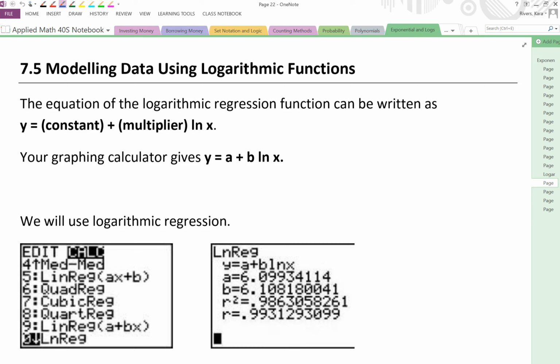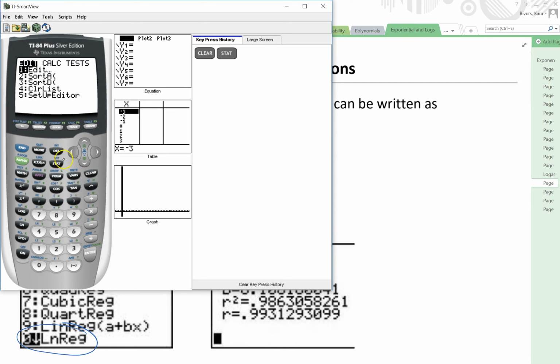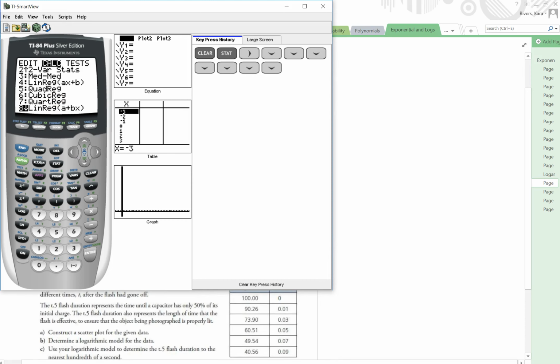So when you're going in there, you can see that your logarithmic function will be another menu option. When you go into your calculator and go under Stat, Calc, you can see there's linear, quadratic, cubic, quartic, which we don't use, linear, and then ln.